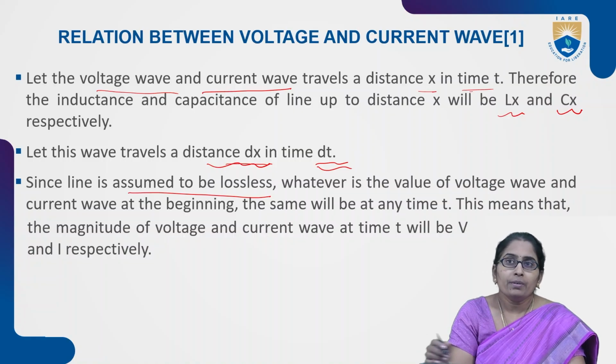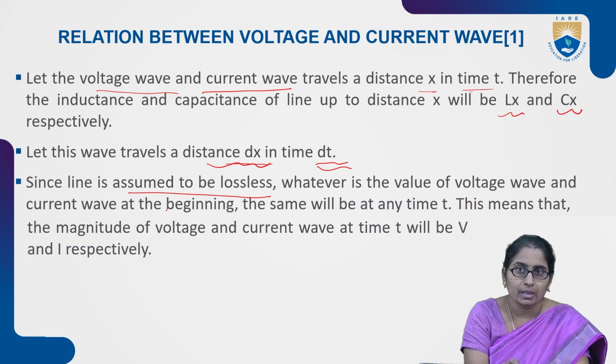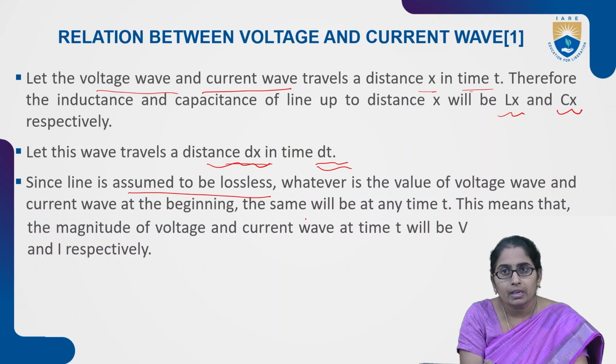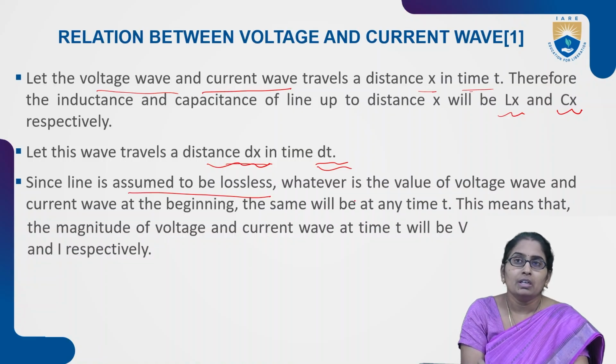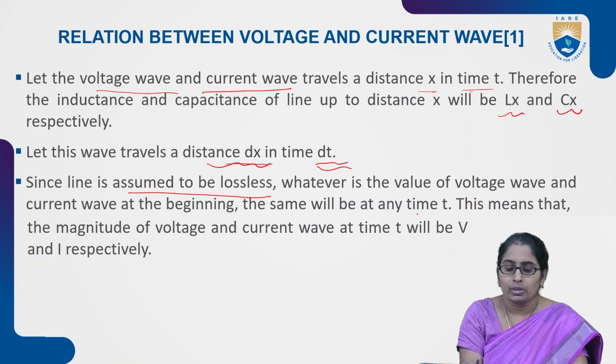Then whatever the values of voltage and current at the beginning, the same will be available at any time. This means that the magnitudes of the voltage wave and current wave at a particular time t will be V and I respectively.